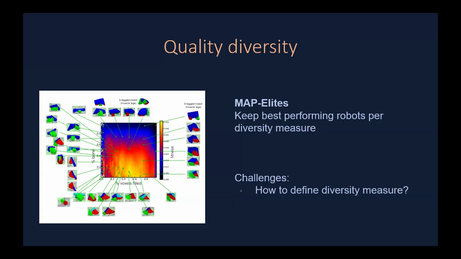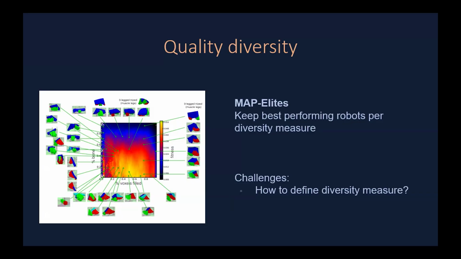Well, you could definitely think about behavioral metrics in terms of how the robot locomotes as well. Usually these metrics are defined on the phenotypical characteristics of the robot instead of genotype characteristics.